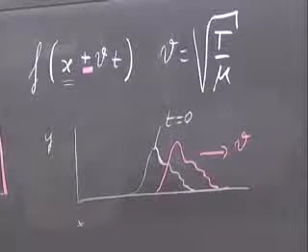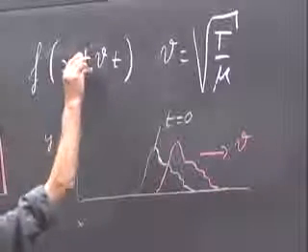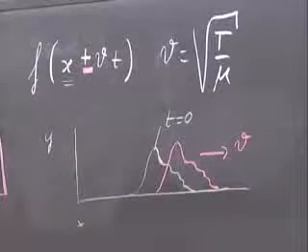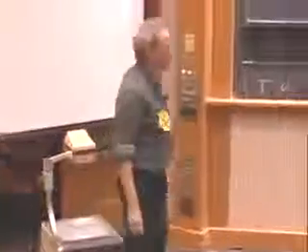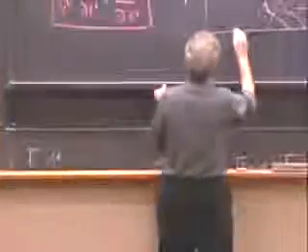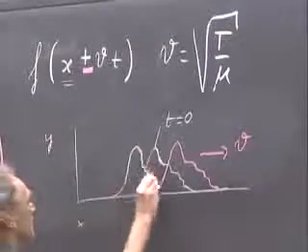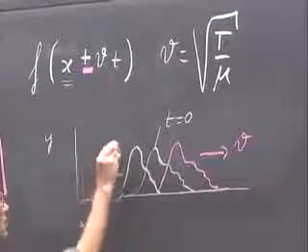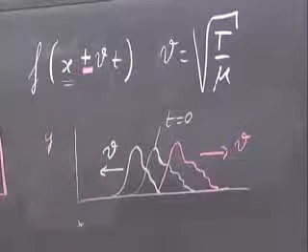Now we're going to evaluate the plus sign. What will happen if we now look at the function a little later in time, it has moved in this direction, and it's moving with speed v in this direction. So now you can look through the meaning of this equation.